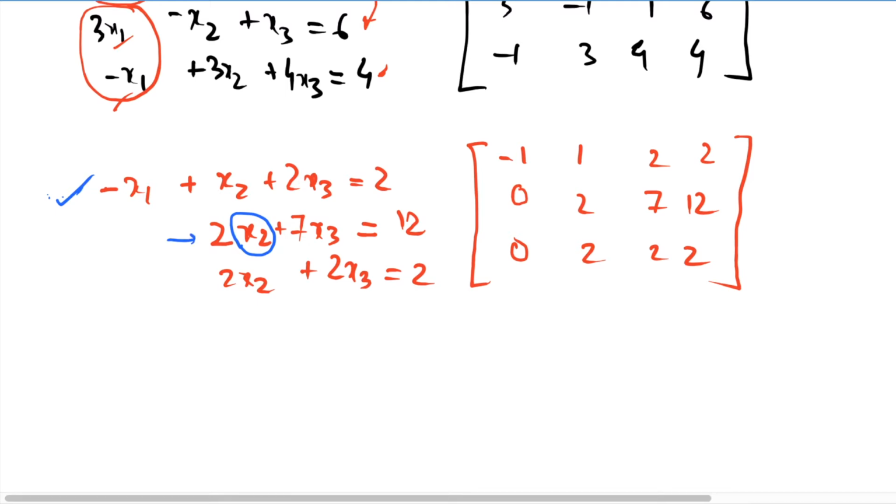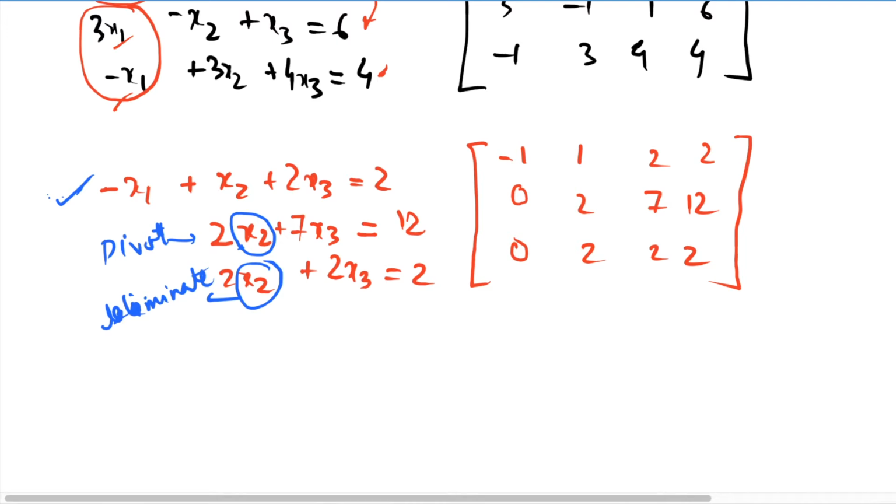So this guy becomes the pivot, and we have to get rid of x2 from all the equations and rows below it. So there is only one equation, that is row 3. So this x2 has to be eliminated, and you can do this by just subtracting row 3 from row 2.